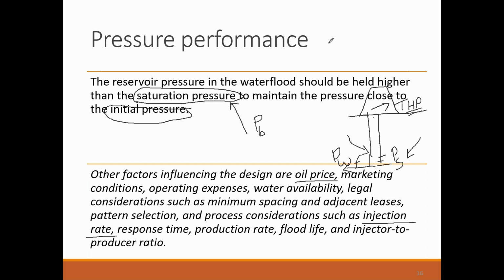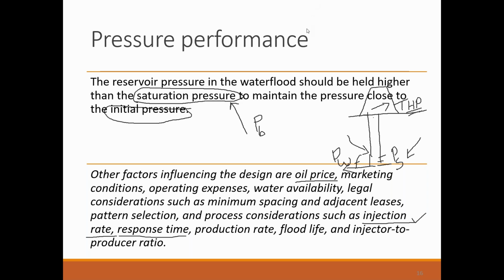So injection rate is very important. Response time: you are injecting in a particular injector well, and the producer well is around 200 to 300 meters away, and you can see what the ideal time is for a change in salinity.